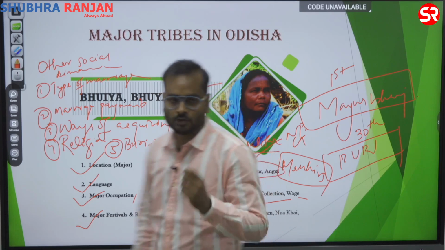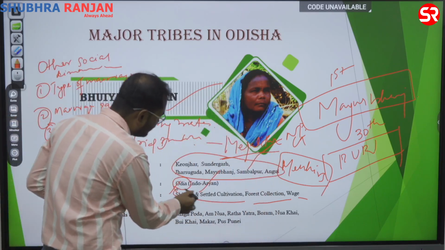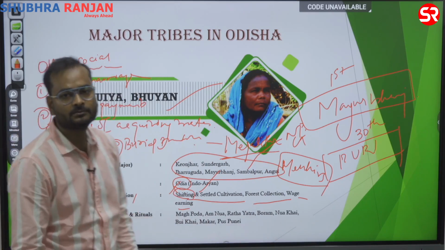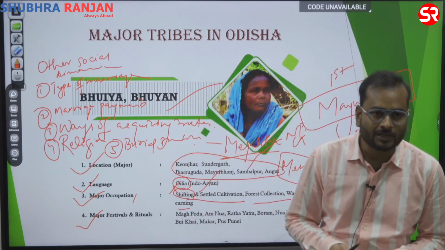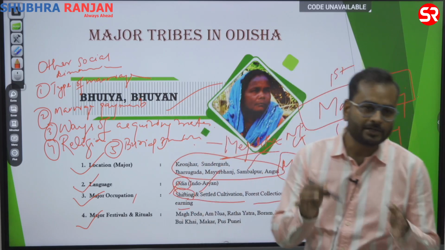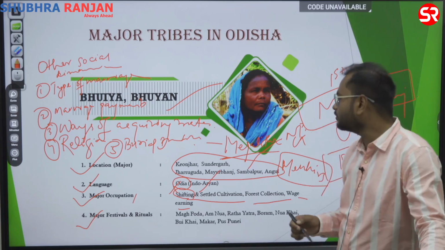See, apply your common sense. When can a tribe afford shifting agriculture? When there is abundance of forest. If there is not an abundance of forest, can somebody afford shifting cultivation? It should be in your common sense.